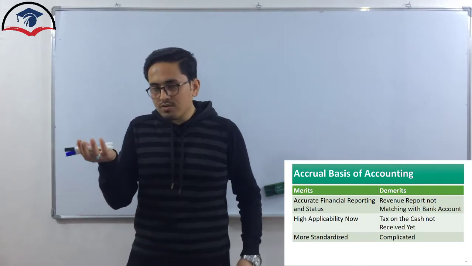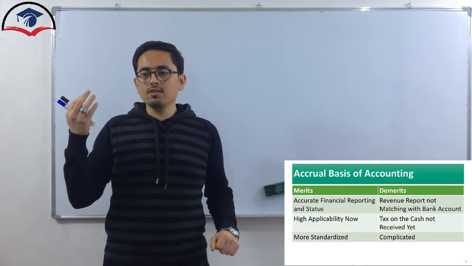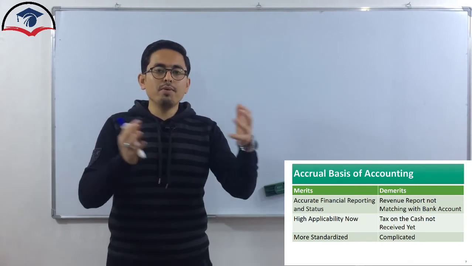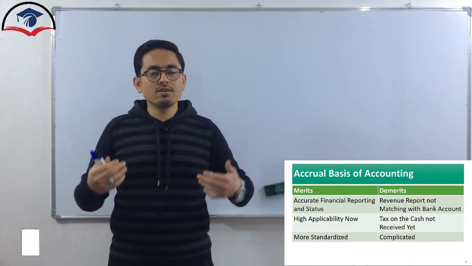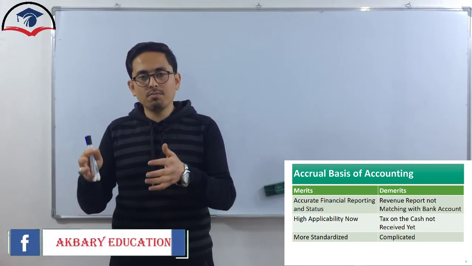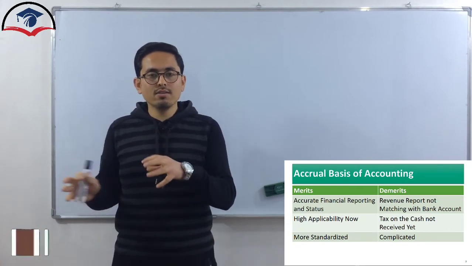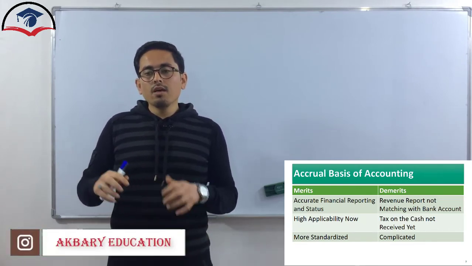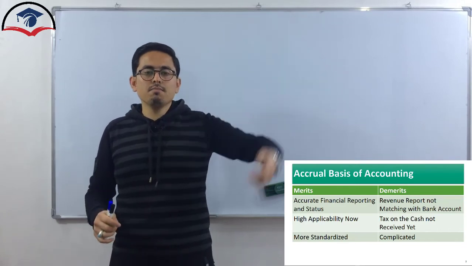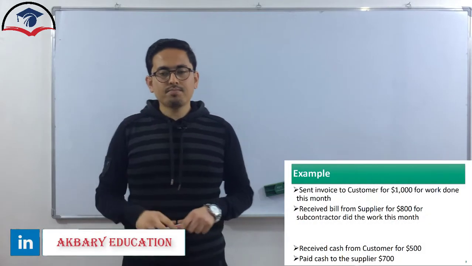It's going to deal with depreciations, accruals, prepayments and unearned revenues, lots of areas which are complicated. Be with us on this channel. We're going to cover all these areas in time, but of course it's complicated but more accurate as a merit. Let's have an example.